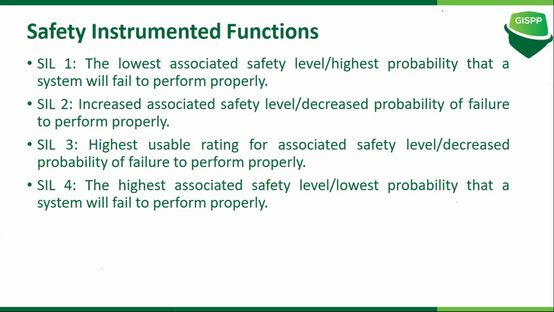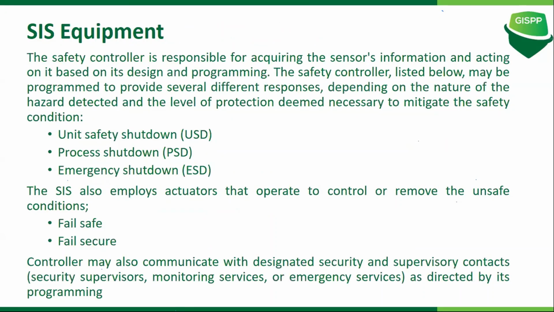Level 4 has the lowest probability that the system will fail to perform properly. So every device and SIS function working at SIL 4, we consider fine. We define certain values that we extract from the standard, and if these levels go up or down, we perform certain actions.